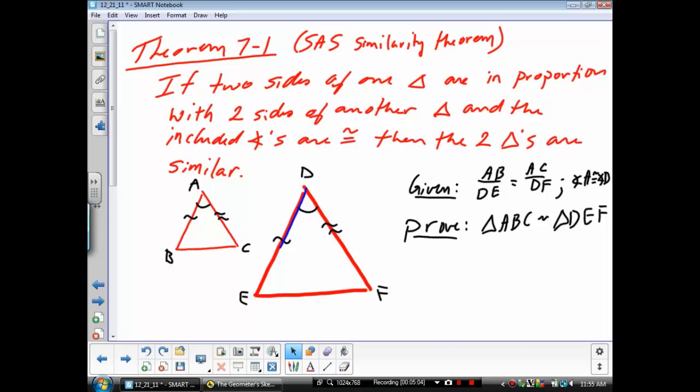So we're going to locate a point X on DE so that, in fact, AB and DX are congruent. Then we're going to draw a line through X that's parallel to segment EF. And we'll call the point where that line crosses DF point Y.